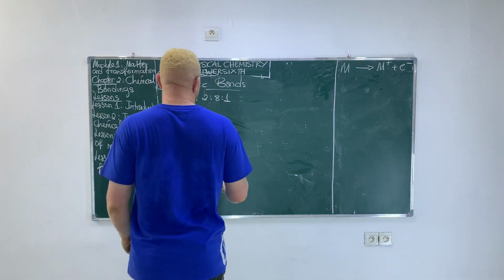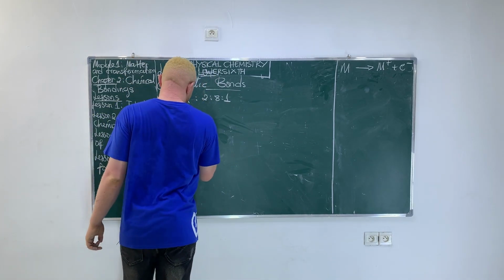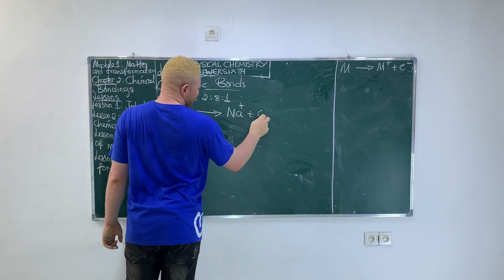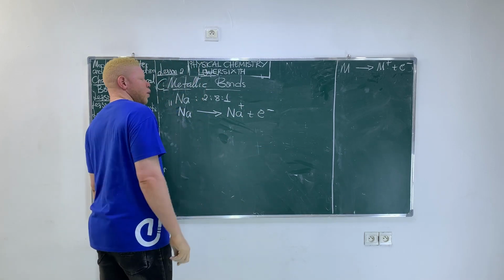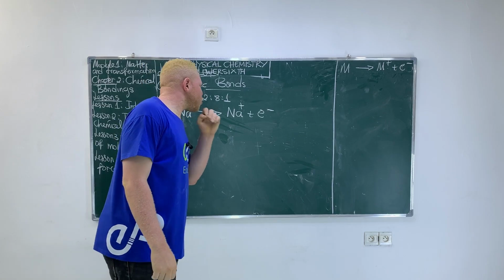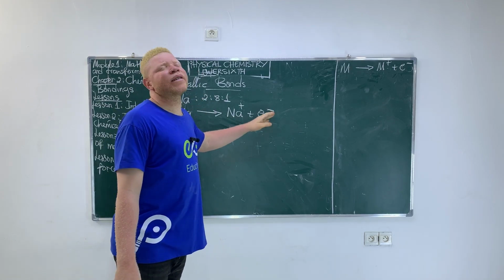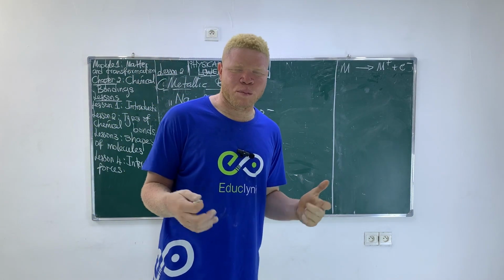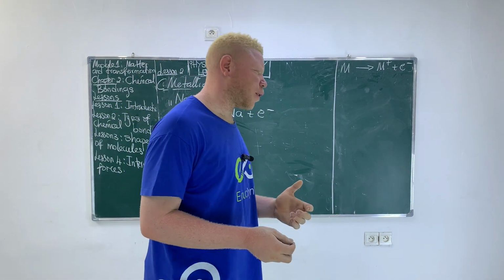In this case, the sodium will give sodium plus and e minus. The metallic bond is between the sodium plus and the sea of electrons. So let's draw the metallic bond itself and actually see what's happening.